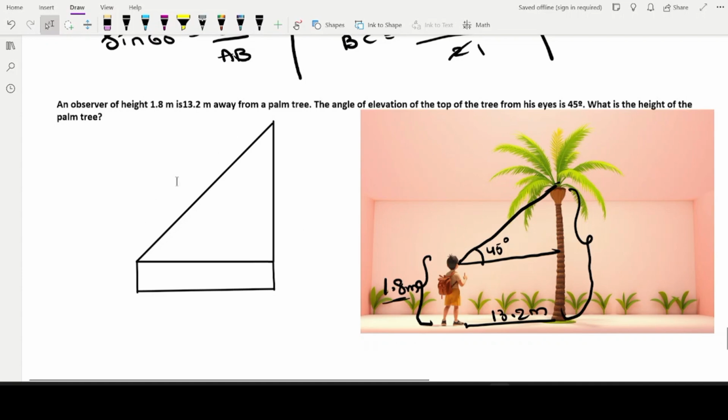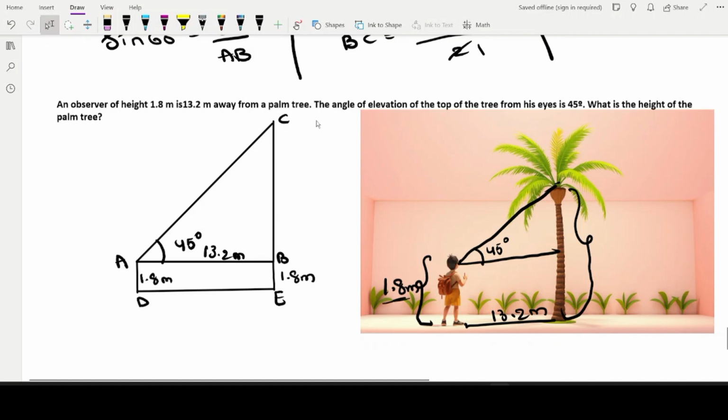So let us name these points A, B, C, and name these D, E. So this is the height of the person, which is 1.8 meters. This is a rectangular box, so the lengths will be the same, so this will also be 1.8 meters. So he is looking at an angle of 45 degrees and is away from the palm tree by a distance of 13.2 meters.